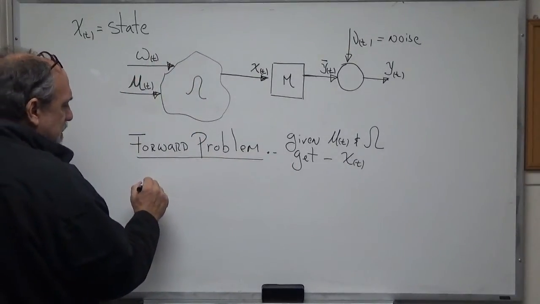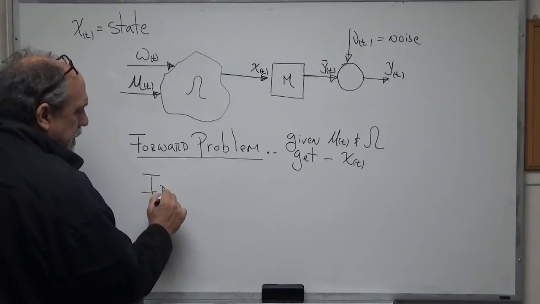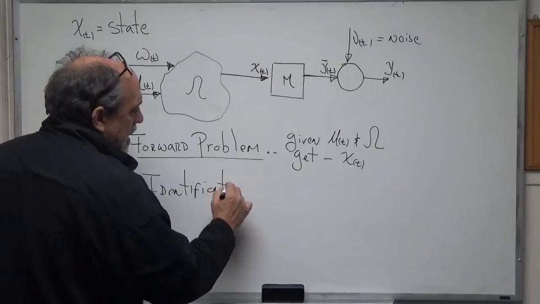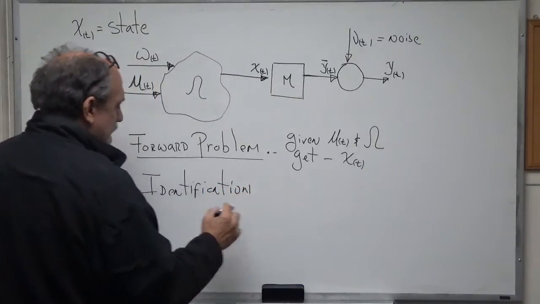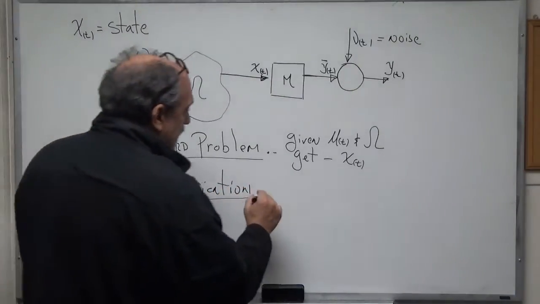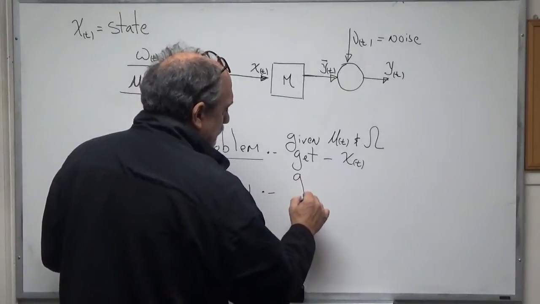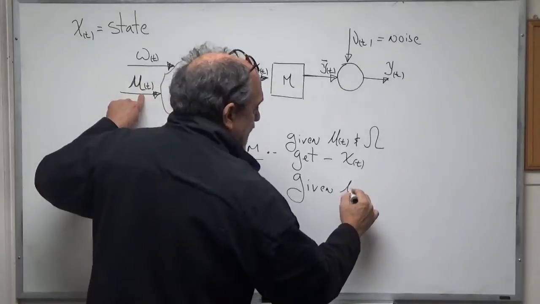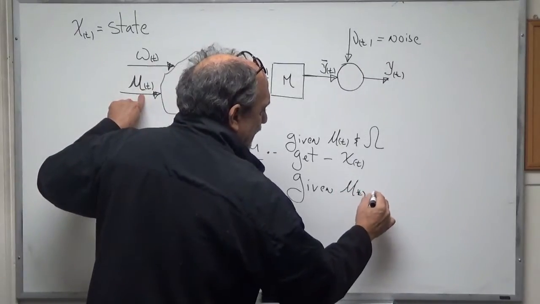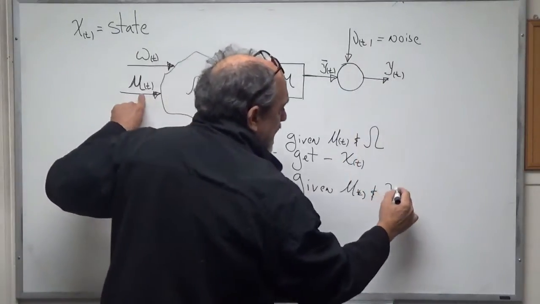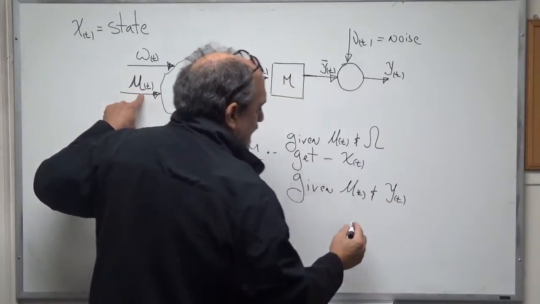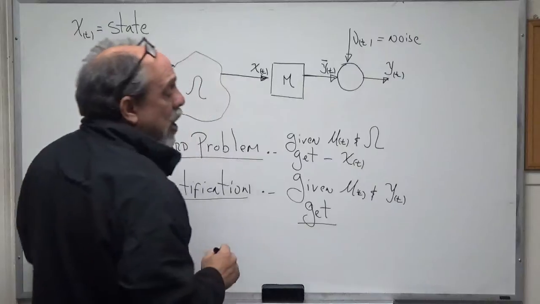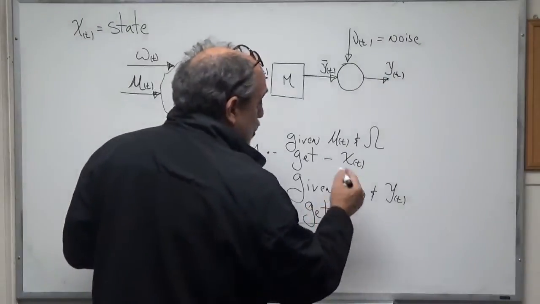Now, the identification problem, at least one version here, would be: given u of t and y of t, get some useful information about omega.